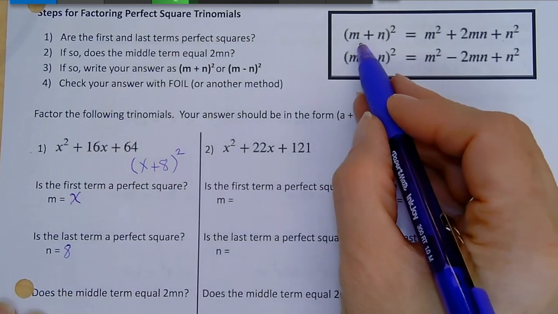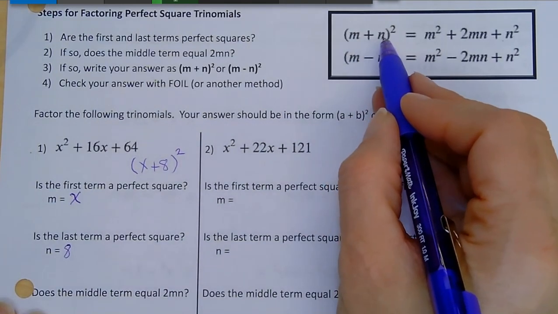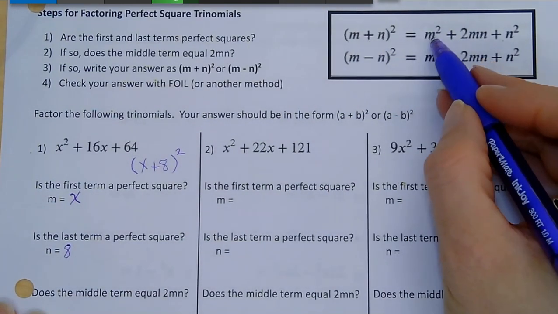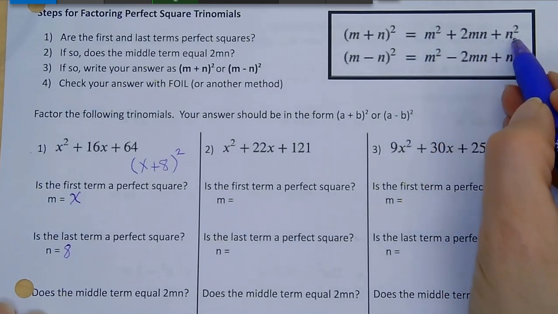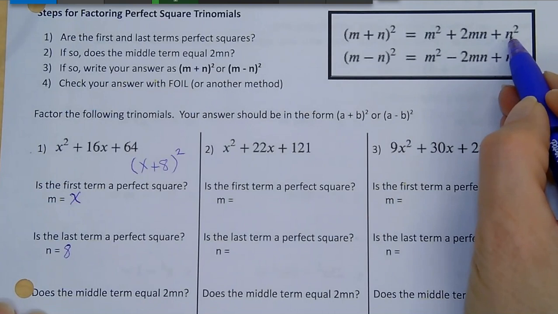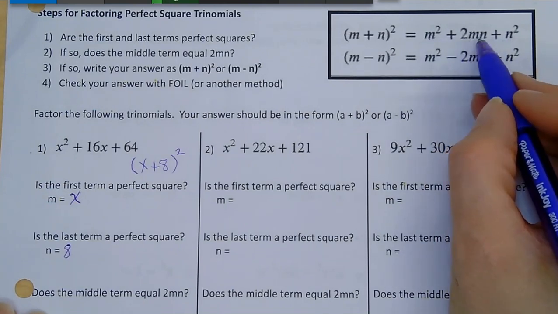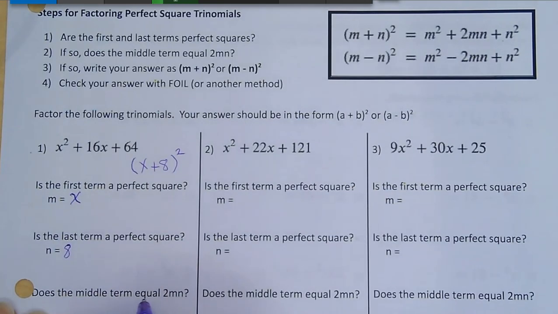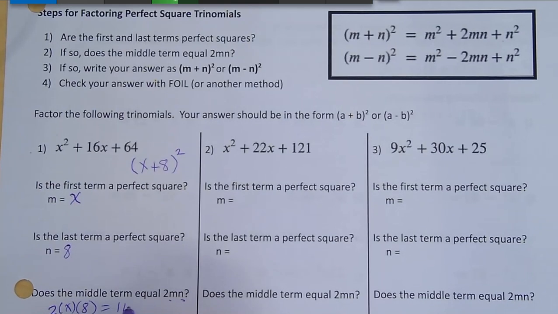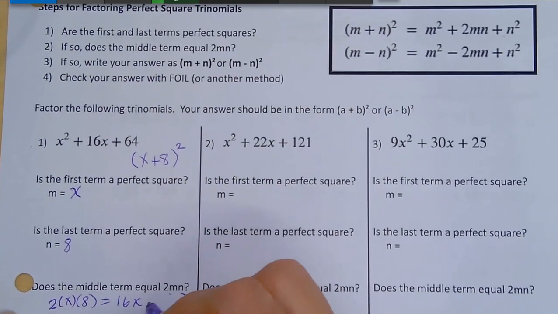Okay, so you can see that I'm getting ready to put these back into the binomial, right? m squared was x squared. n squared was 64, so n is going to be 8. And then x times 8 doubled is going to be 16x. Does the middle term equal 2 times m times n? Yes. 2 times x times 8 really is 16x. So, yes.